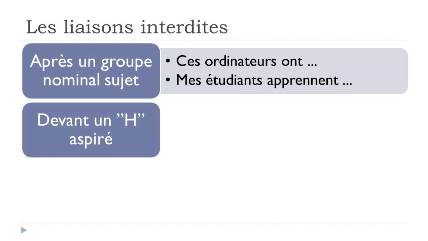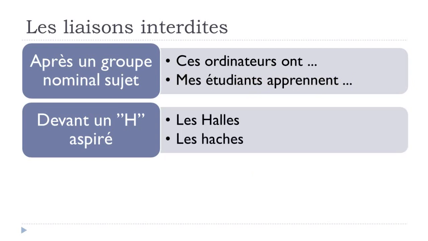And then this is quite interesting because it's what we call un H aspiré, okay? For instance, in this case, I put that in a big letter because it's a place in Paris.